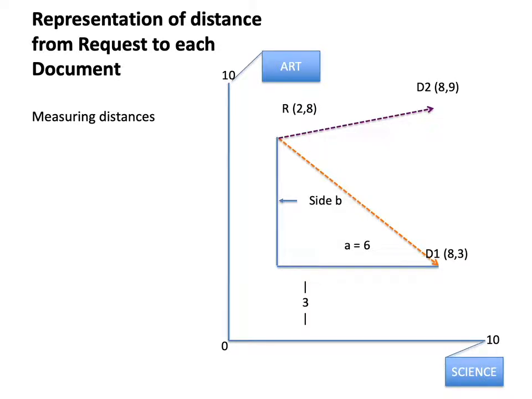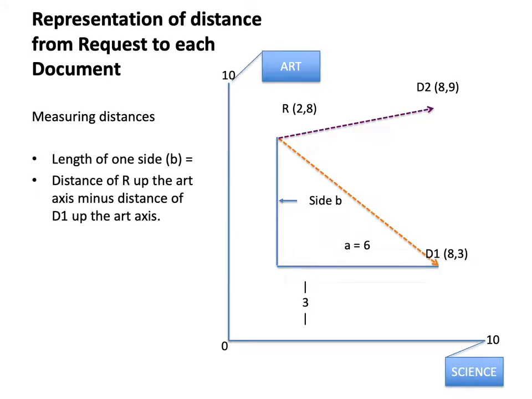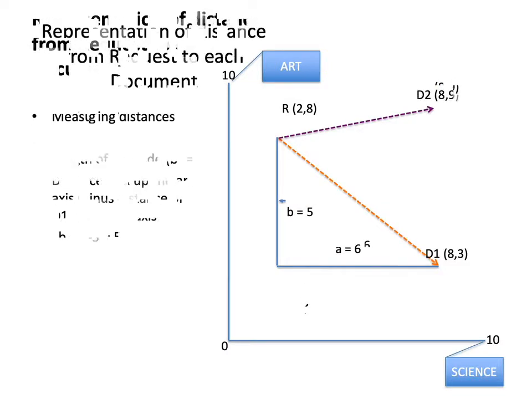We plug those into the formula for a hypotenuse, which is the square root of the length of side A squared plus B squared. So A squared is 6 squared, B squared is 5 squared. That's 36 plus 25.